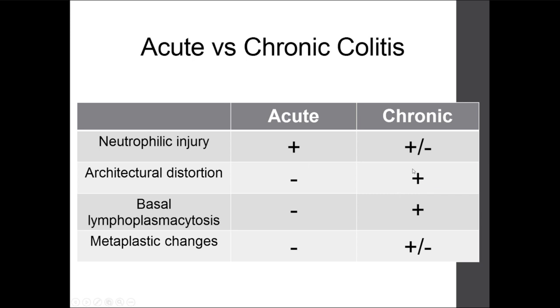On the other hand, chronic colitis will have all those features of chronicity, architectural distortion, basal lymphoplasmacytosis. Metaplastic changes can be there, but they are not always there. Same for neutrophilic infiltrates. Sometimes there is activity, sometimes there isn't. So let's focus on the architectural changes and basal lymphoplasmacytosis.